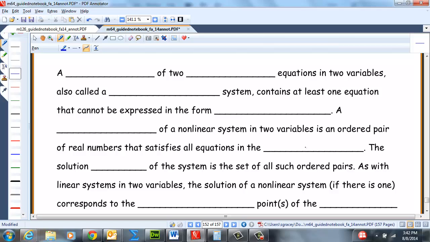A system of two nonlinear equations in two variables, also called a nonlinear system, contains at least one equation that cannot be expressed in the form ax plus by is equal to c.